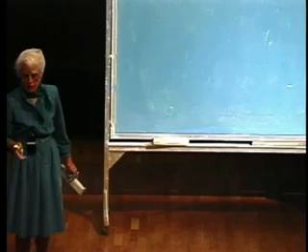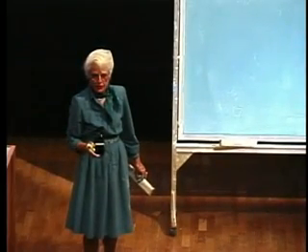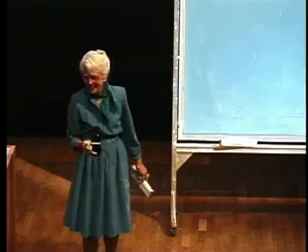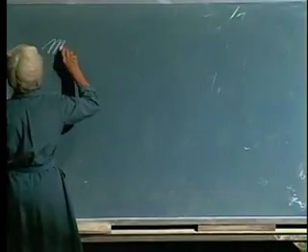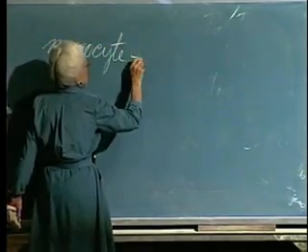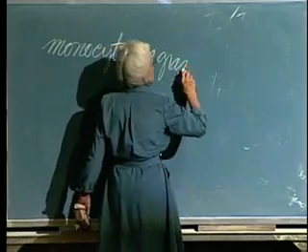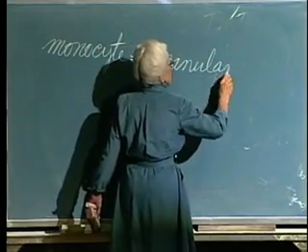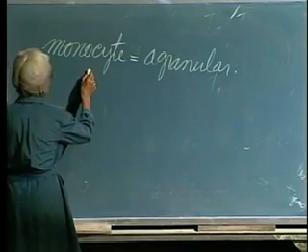So let's then go on to another agranular leukocyte. Which is it? If it doesn't have a fill with it, it doesn't have granules, right? So the monocytes, the next one. It's agranular. And it's going to be a little larger than the lymphocyte.